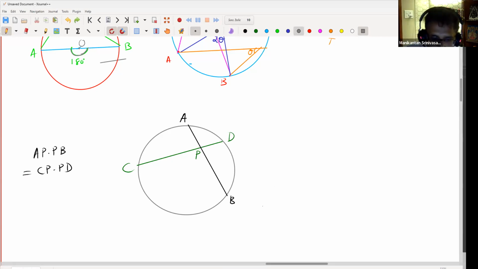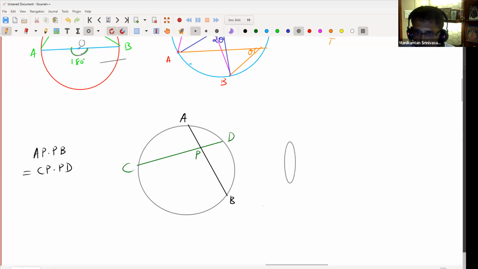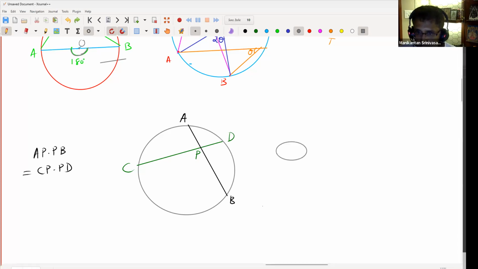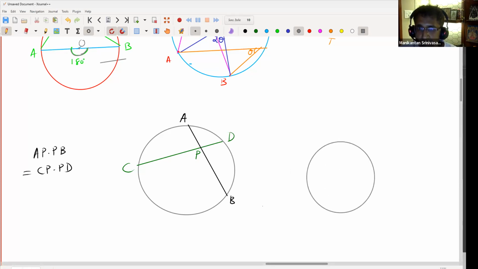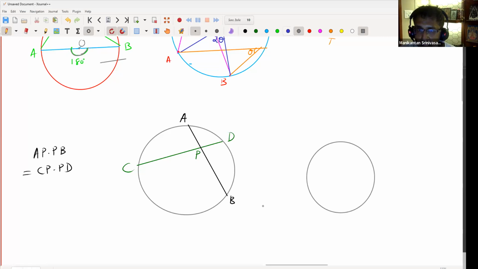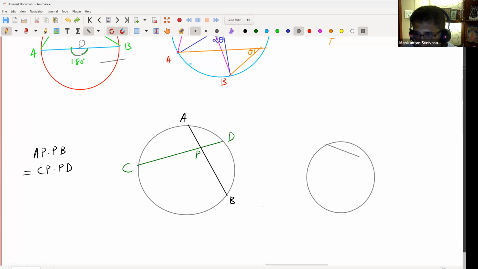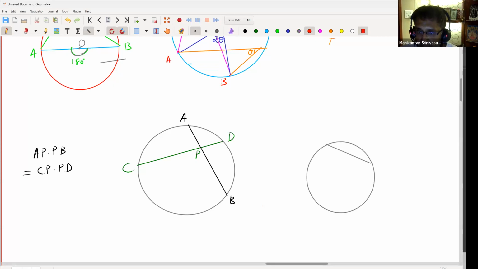So what do I mean by that? Suppose I have the same diagram but slightly different. Let's say the chord AB is like this, and chord CD is like this. Obviously they are not meeting right now, but if I extend them, they will.